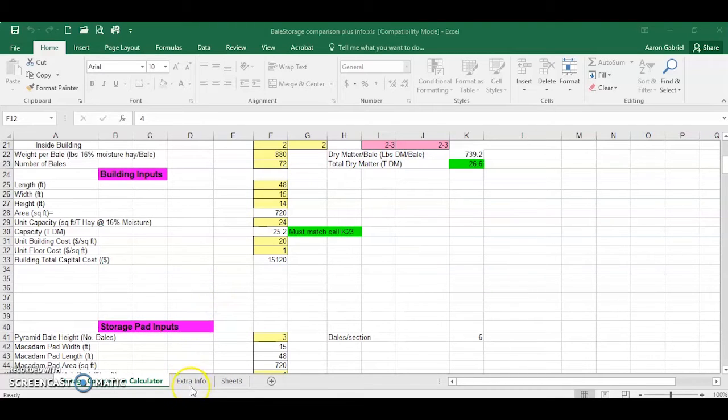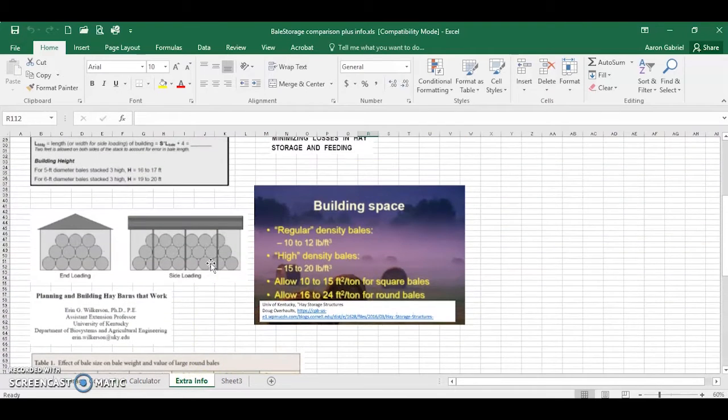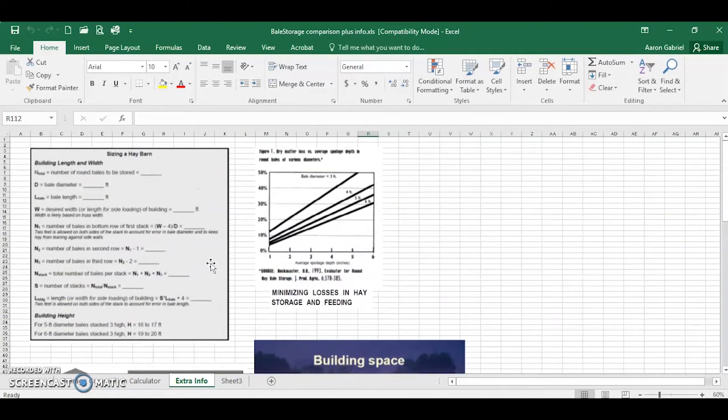So in this extra worksheet down here on the bottom bar, it says extra info. In that worksheet, I put in a couple tables that might help you figure out some of these other pieces of information. So here's a little table about barn sizing. Here's a little graph about storage losses based on bale diameter.